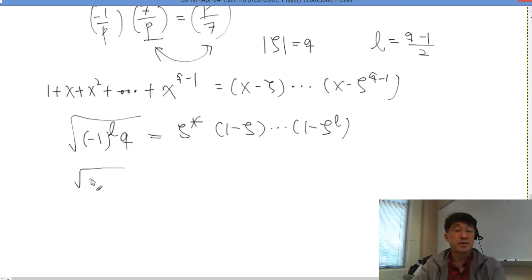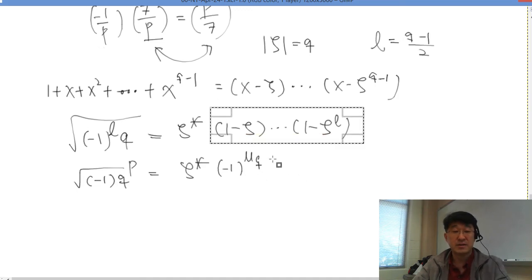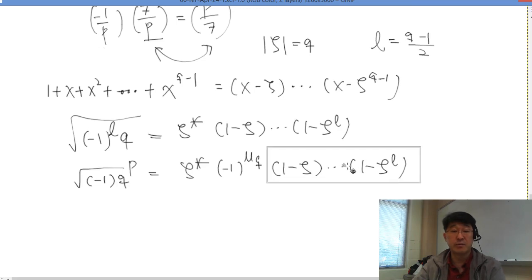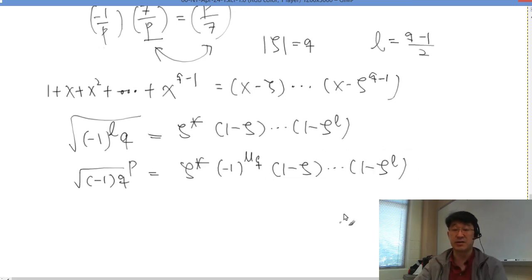So the pth power is again another expression in here, and (-1)^μq, an exact copy of that. If you think about what happened in the mod 7 calculation, it was quite general, so I'd like to claim that it works exactly like that. Question? Right, right.